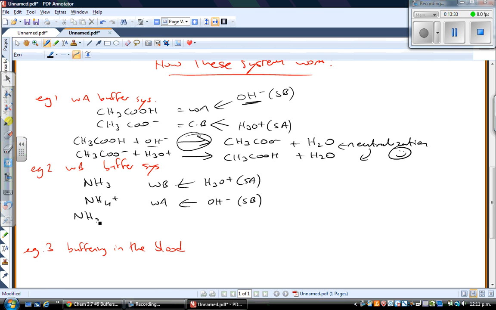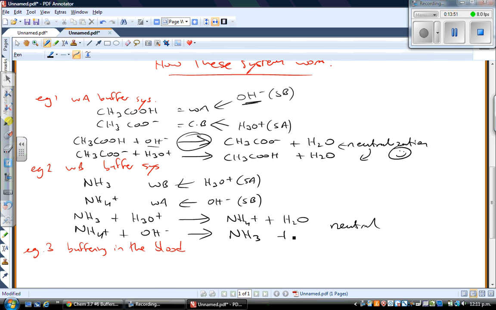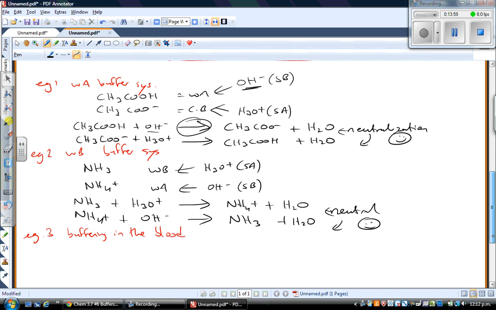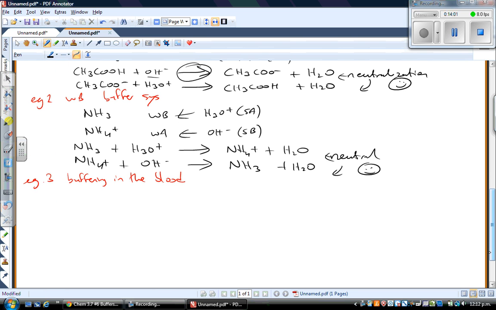So ammonia plus H3O+ will form NH4+ plus H2O, which is neutral, and the ammonium will similarly deal with any strong base, hydroxide ions, forming ammonia plus H2O as well, which is also neutralization. System is happy.